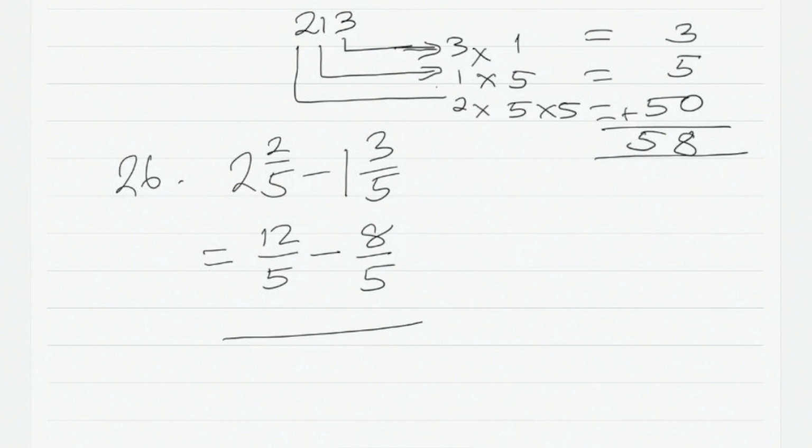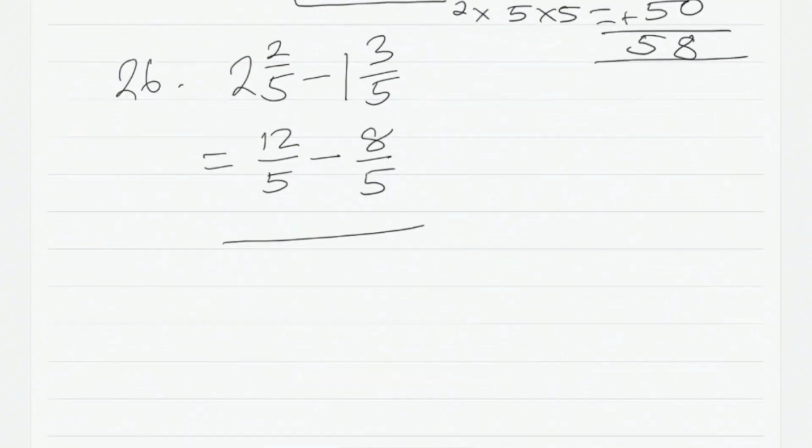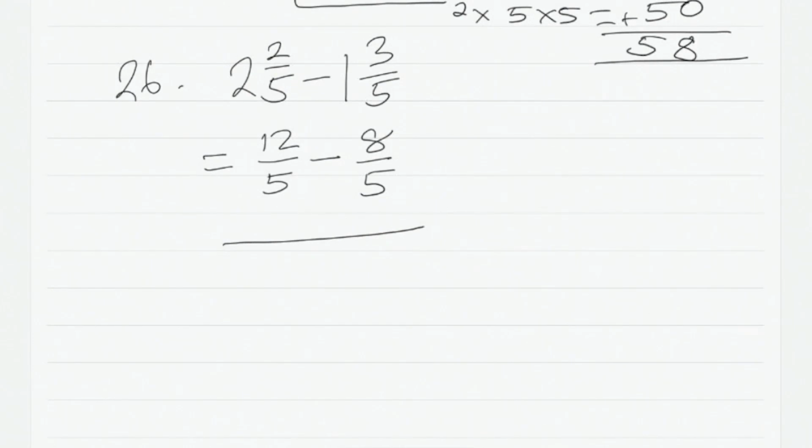So now, we find the lowest common multiple, which can allow 5 to be divided into. That number is 5 itself. 5 into 5, it goes in 1. 1 times 12, it gives us 12 there. 5 into 5, it gives us 1. 1 times 8, it gives us 8 there.